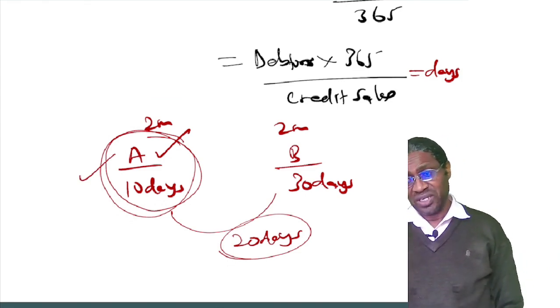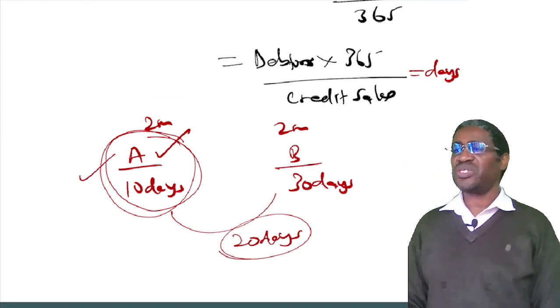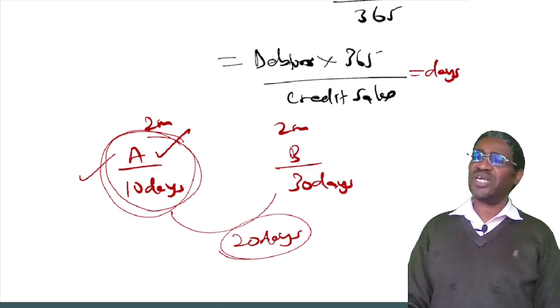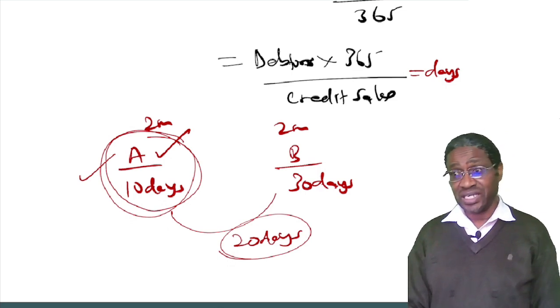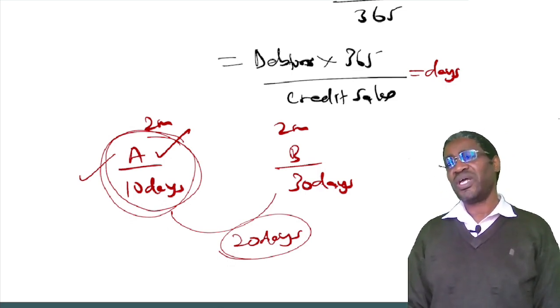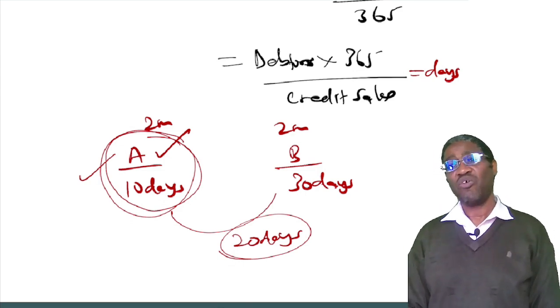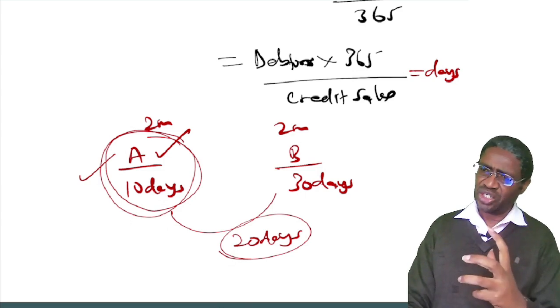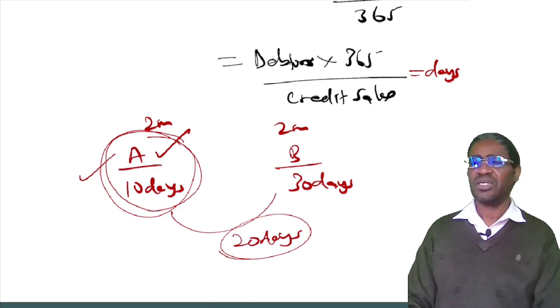Are you there? Good. That's another reason why we say shorter the period, better the firm, because there is a lower chance of bad debtors arising compared to when the period is long. Good. That's our second ratio, under activity ratios.